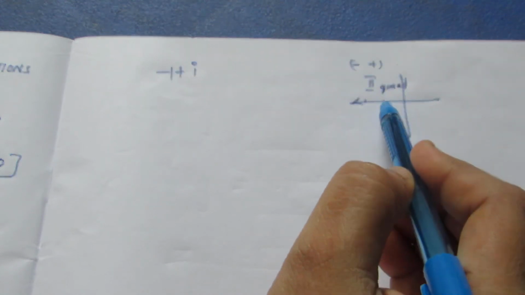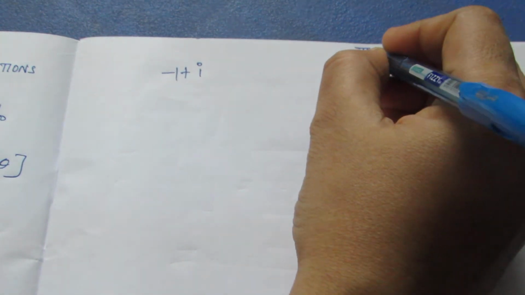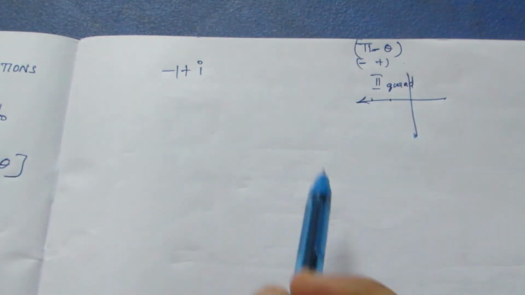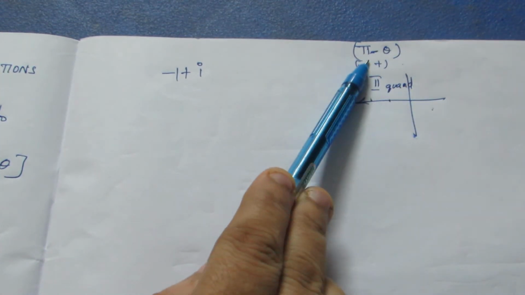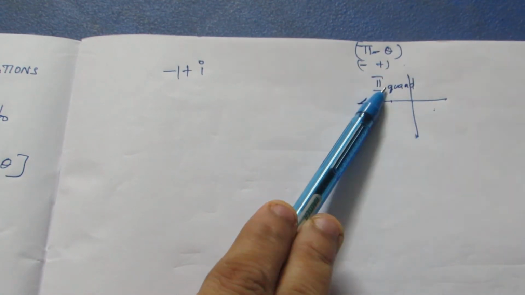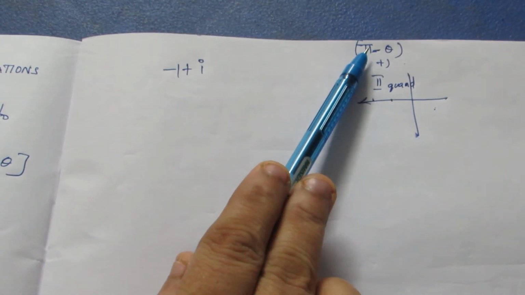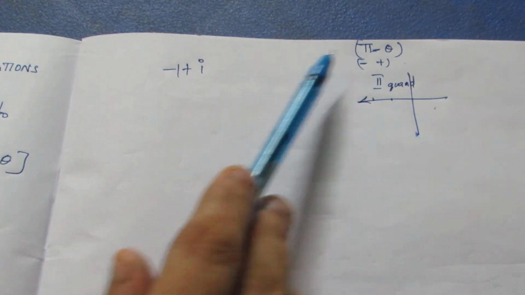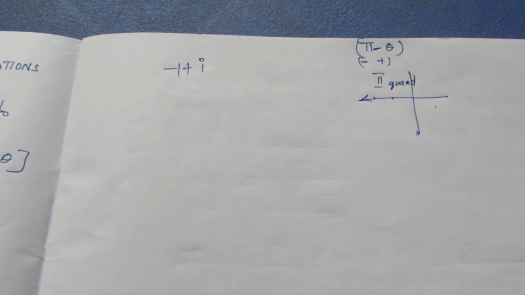So minus plus lies in the second quadrant. In the second quadrant we know the value is pi minus theta. Here we have found that it is in the second quadrant.